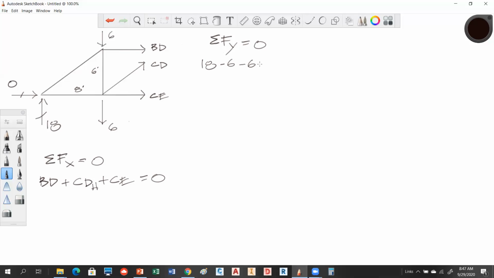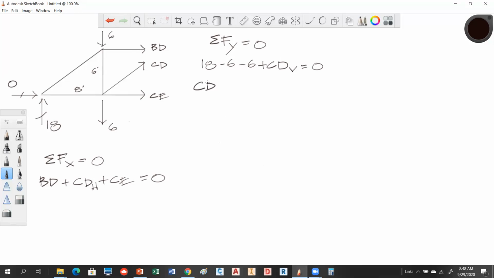So that will have a positive CD vert, and that's equal to 0. Now that's solvable, isn't it? So you get positive 6, and it comes over as a negative 6.